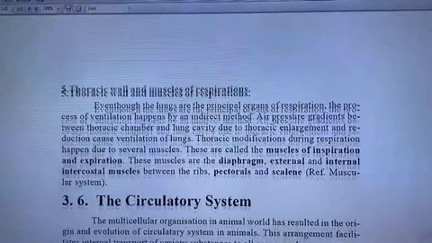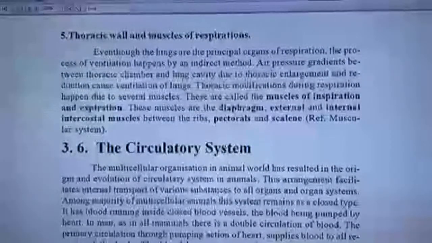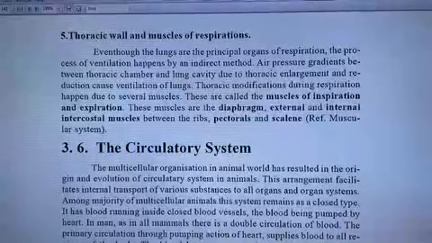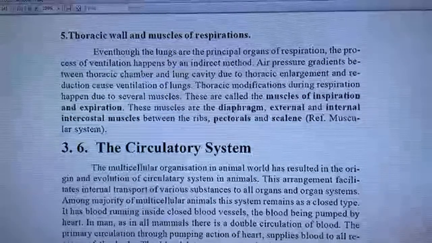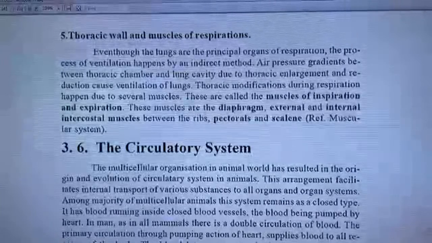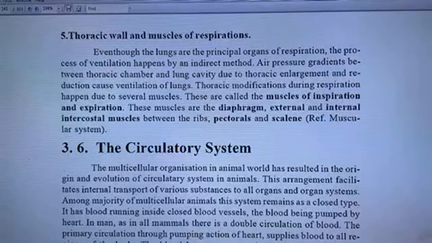Thoracic wall and muscles of respiration. Even though the lungs are principal organs of respiration, the process of ventilation happens by an indirect method. Air pressure gradients between thoracic chamber and lung cavity due to thoracic enlargement and reduction cause ventilation of lungs.